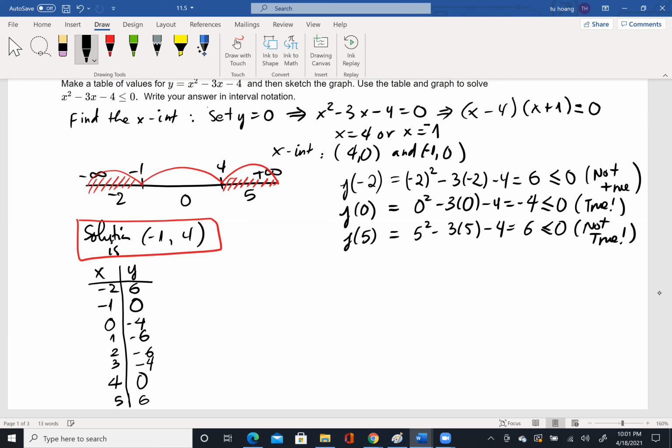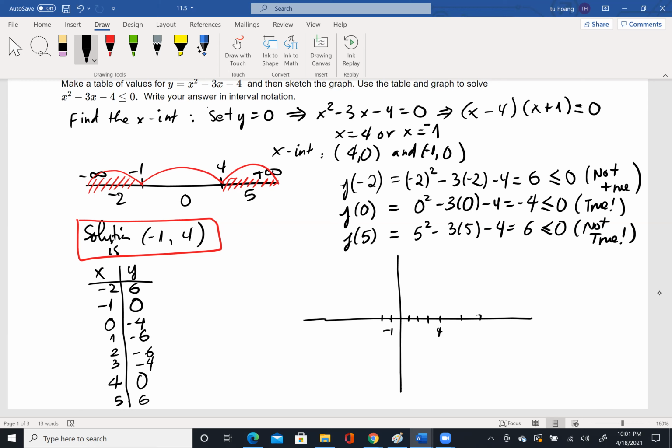So now when I graph it, I will have -1, 1, 2, 3, 4. Let me make it smaller. So 1, 2, 3, 4 here.